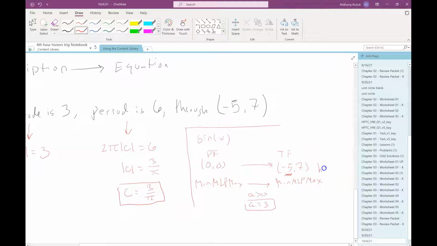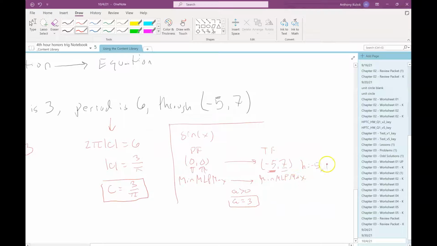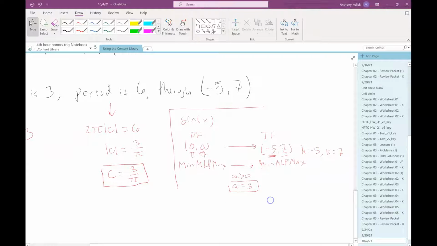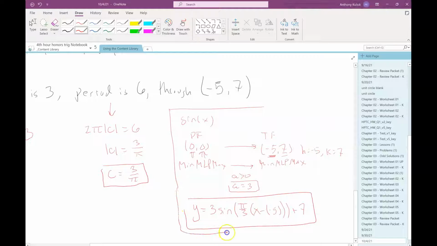It tells me that H is negative 5. And because the y-coordinate is 7, it also tells me K is 7. So that's one possible answer.